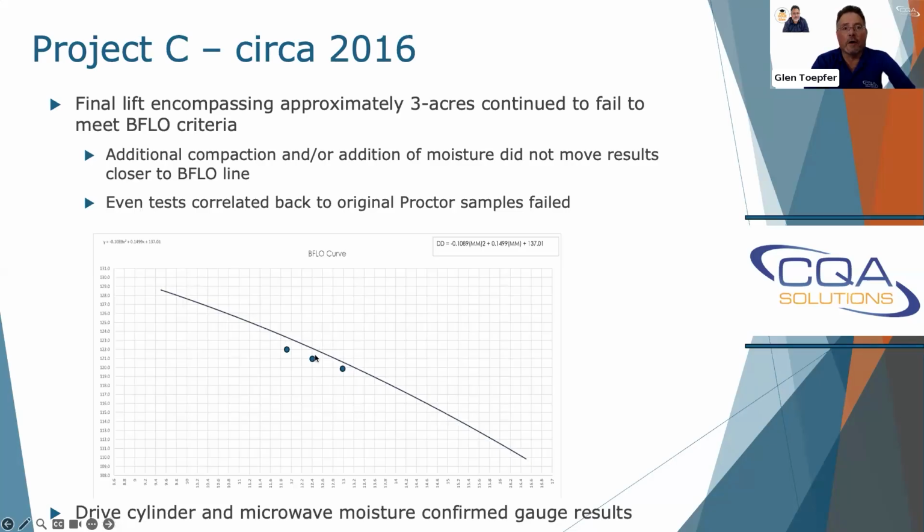And no matter what you did, they'd fail. And I did microwave samples on them. I did drive cylinders on them, confirmed that the gauge was correct. It didn't need any corrections. There was something wrong. And the test, even if they correlated back to the proctor and the borrow source area, was wrong. They wouldn't pass.